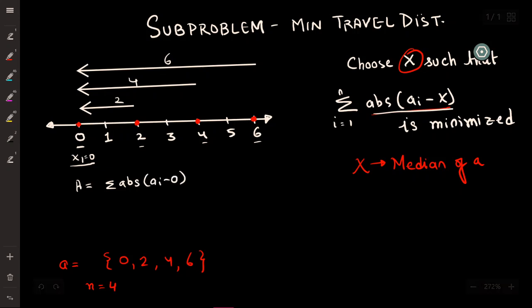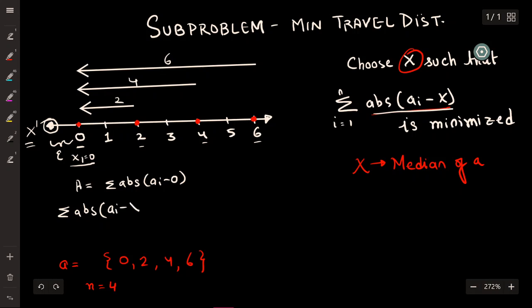Now let us choose a point epsilon distance towards the left, and calculate the answer in terms of this. How much distance is every point going to have to travel to reach this point, x dash, which is at epsilon distance to the left of 0?